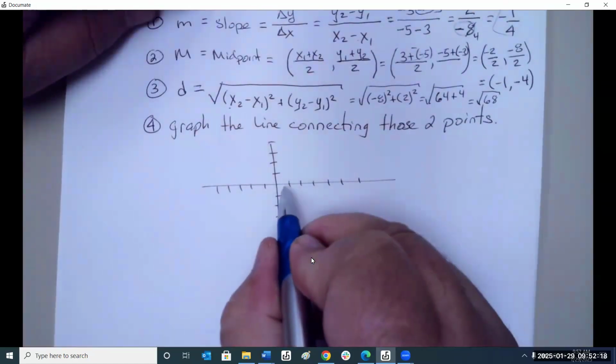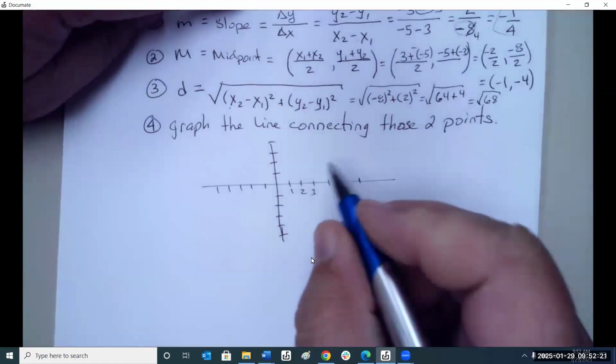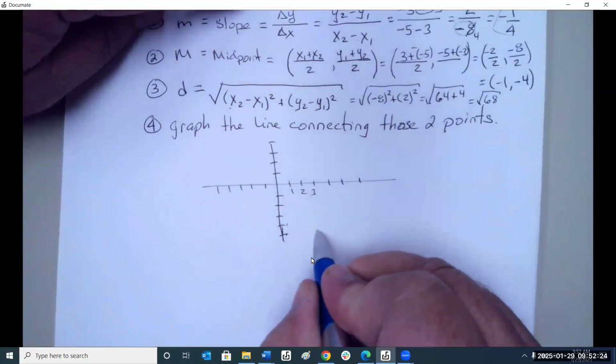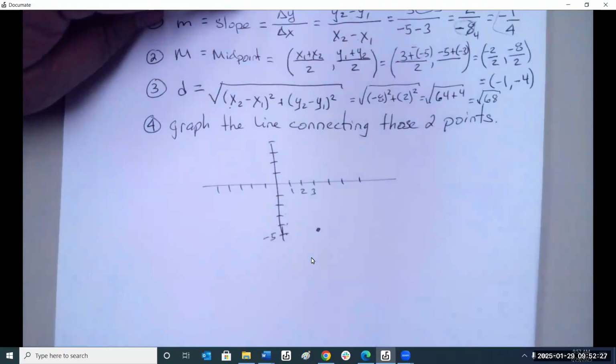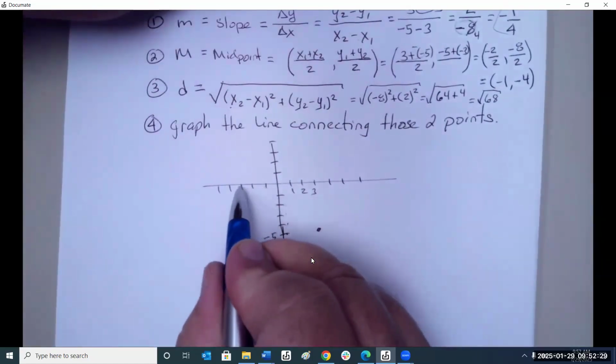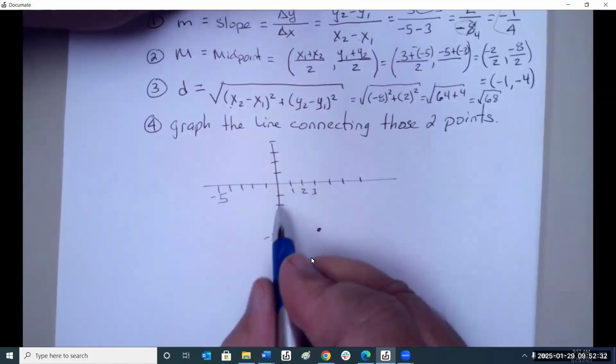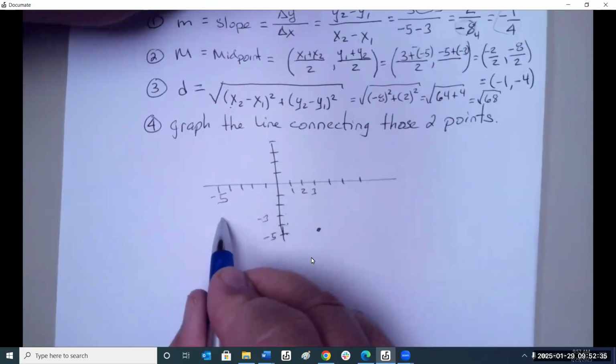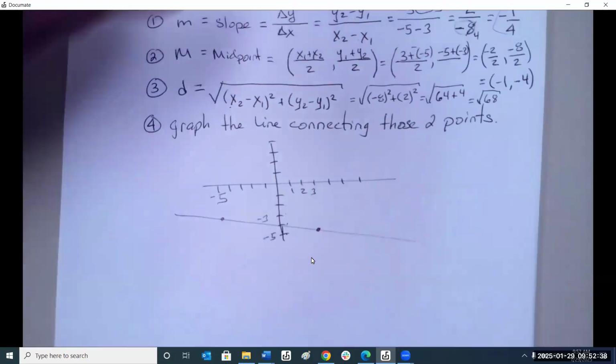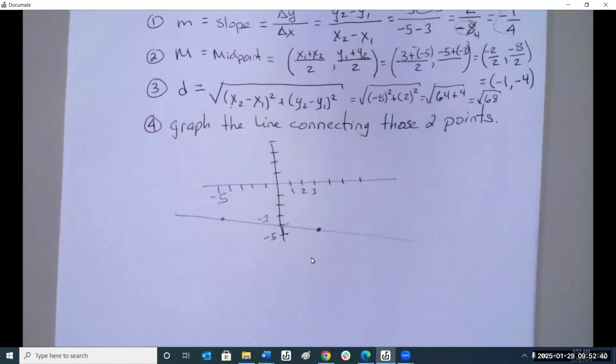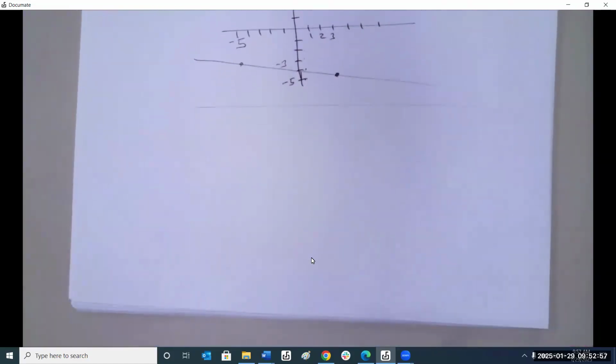The point is +3, -5. 1, 2, 3, 4, 5. Then -5. 1, 2, 3, 4, 5. -3. And there's the graph. It wasn't that much that we covered last time. So let's continue. Let's finish up section 1.